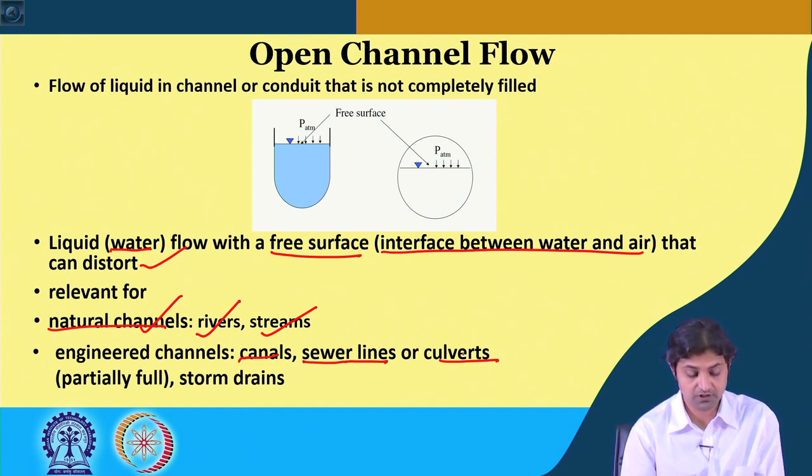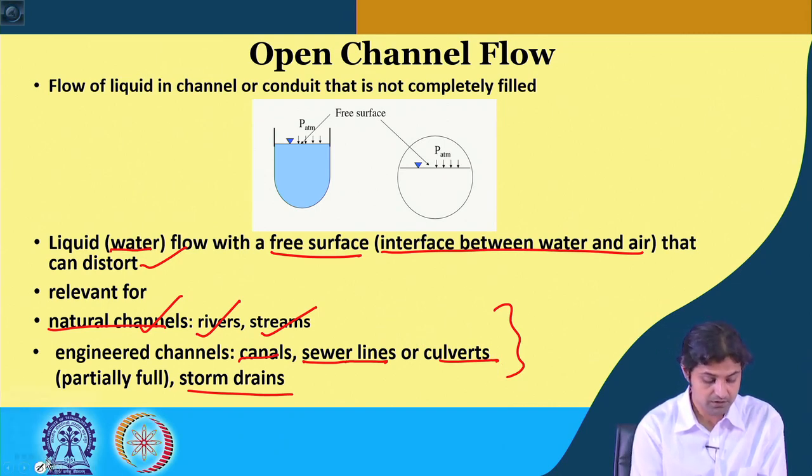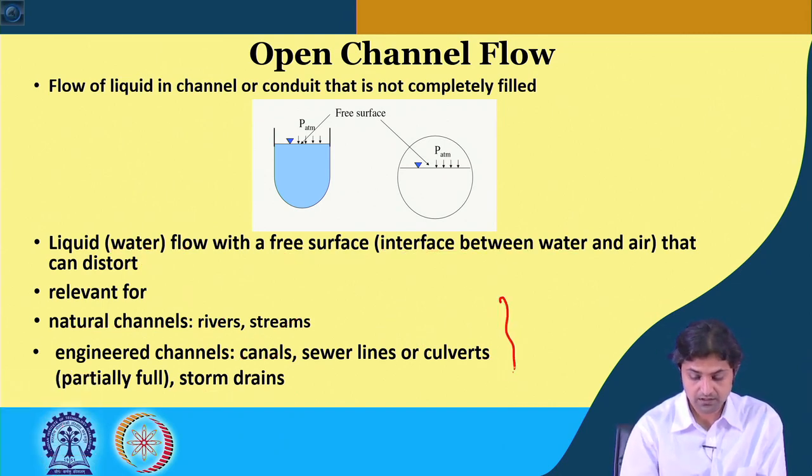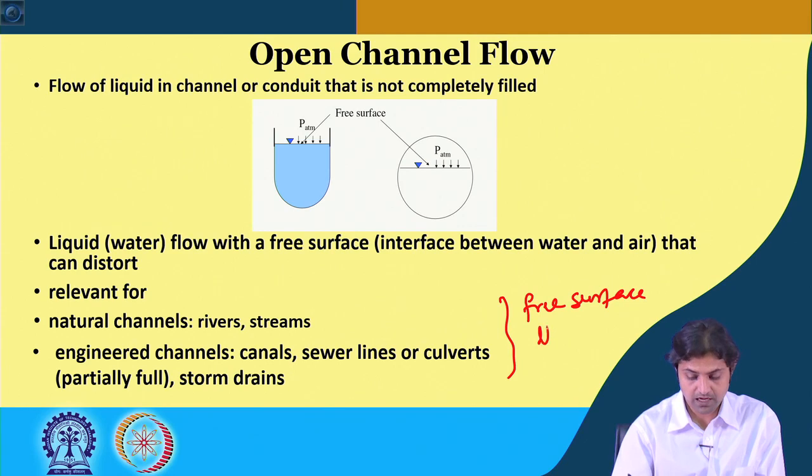If it is totally full, then not, but partially full, and storm drains. One of the important features of all these channels is that they have a free surface that can distort. That is very important.